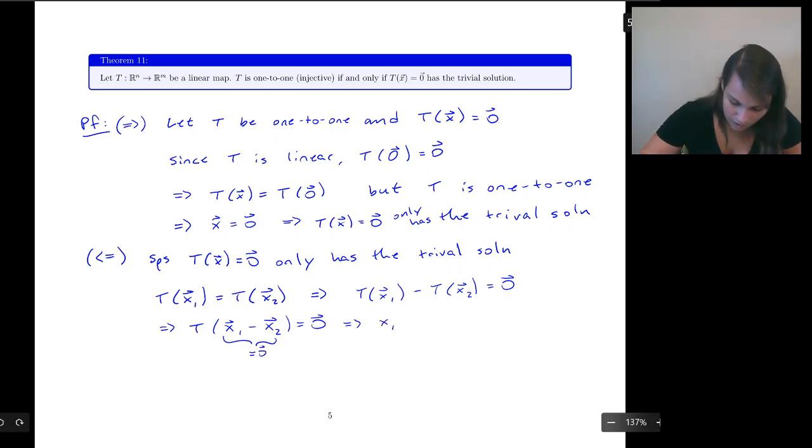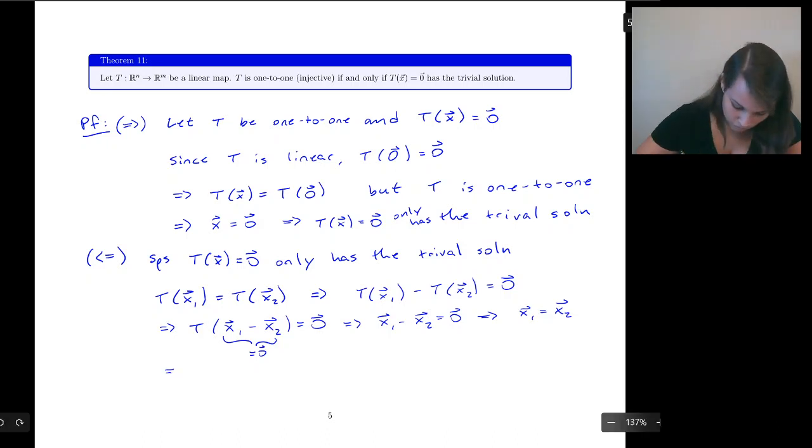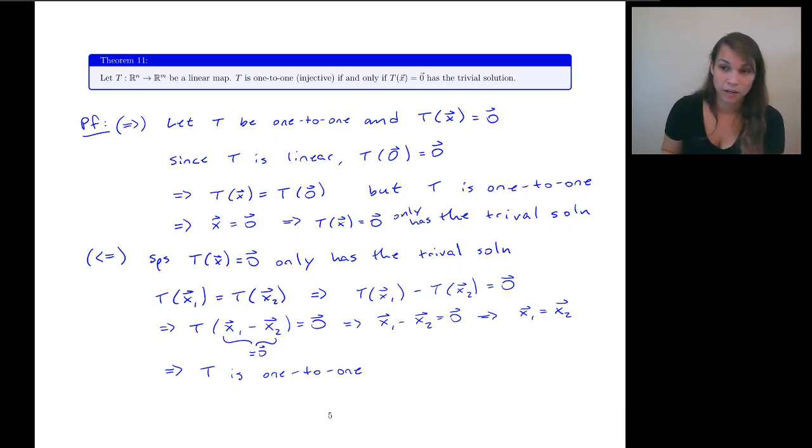So then x1 minus x2 equals 0. So then x1 equals x2. There we go. The outputs were equal, therefore the inputs must also be equal. We have one-to-one. This gets used a lot throughout math. So if you're going to go and do more math, be prepared.